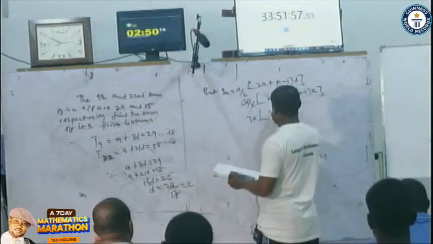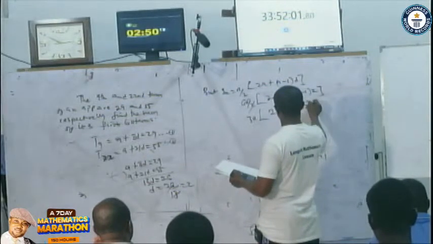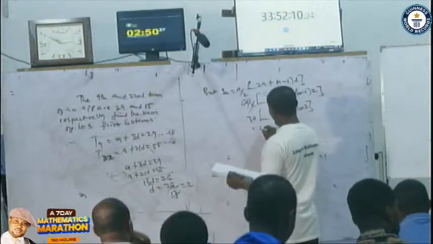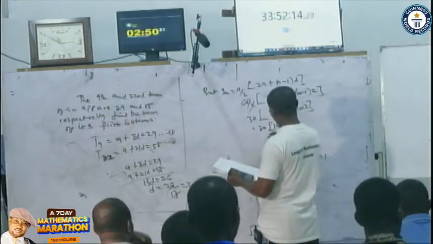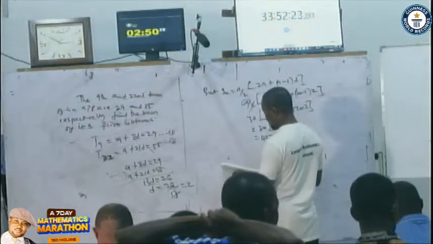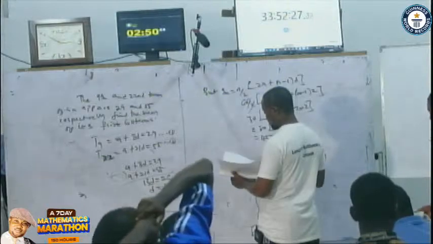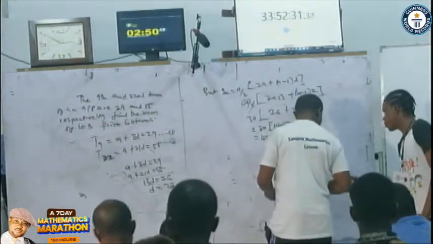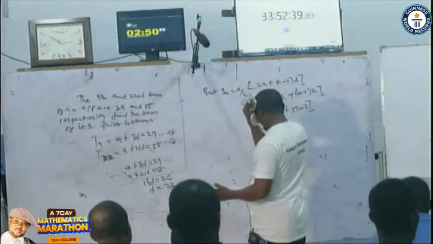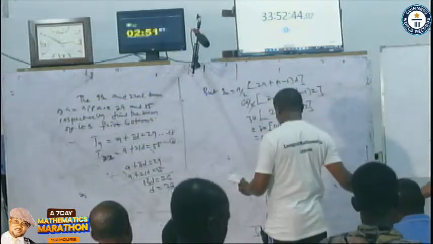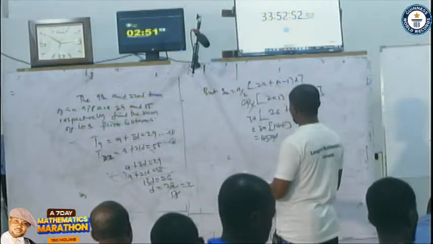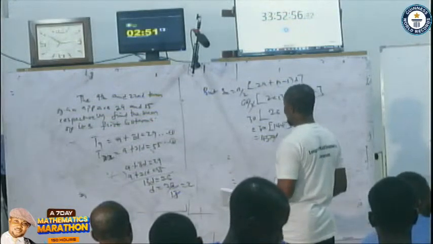So that will be 26 plus 59 over 2, which gives 4,320 in that particular question. Now let's go into geometric progression.